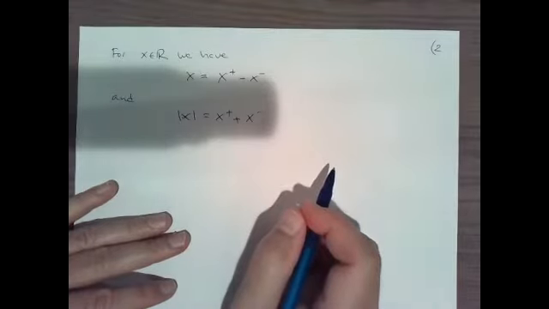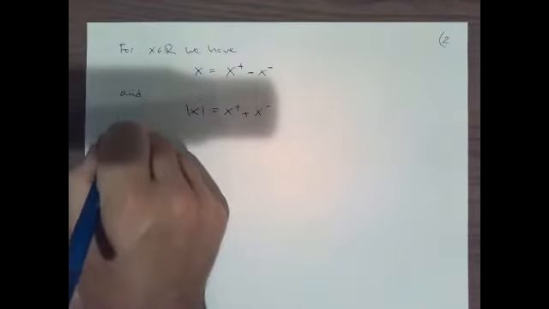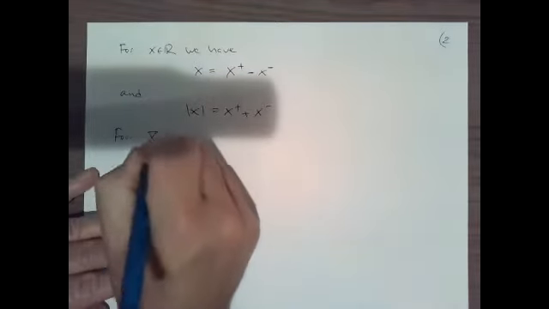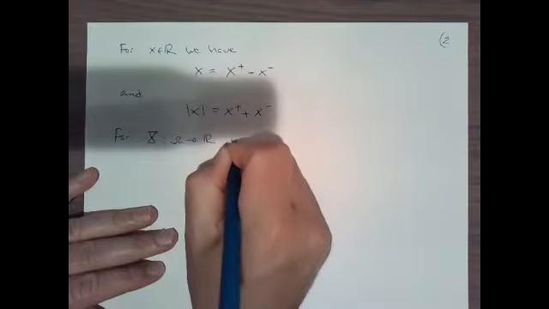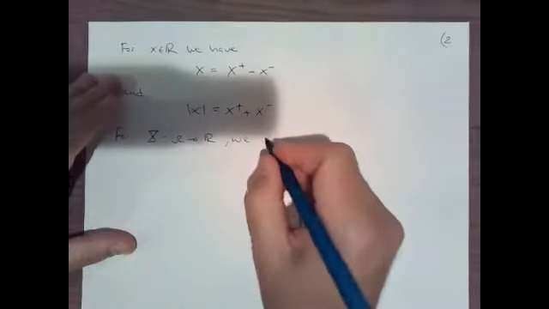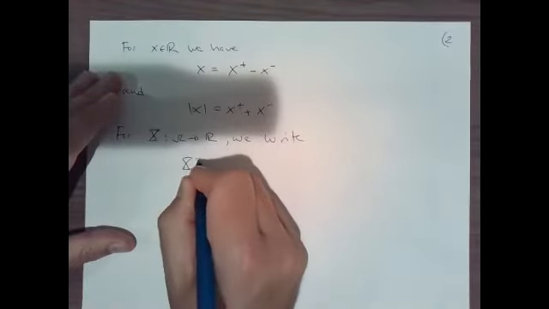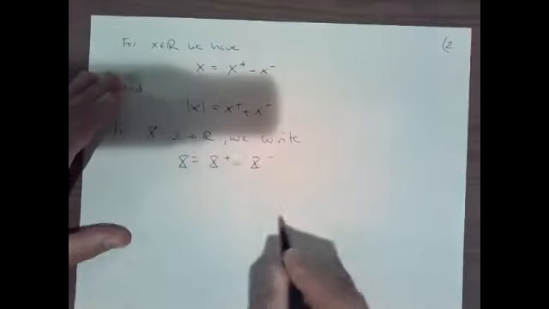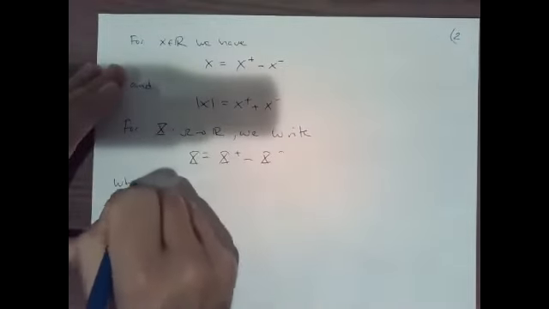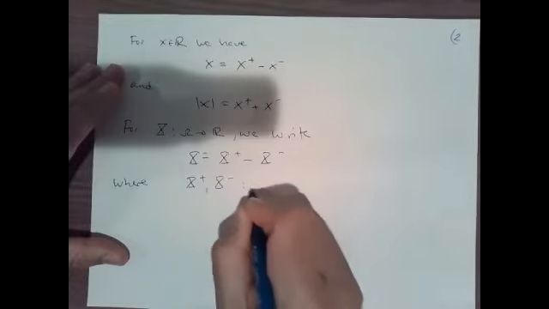So for X going from Omega to R, we write that X is equal to X plus minus X minus, where these two, X plus and X minus, are now positive.